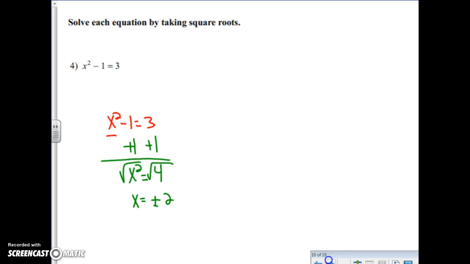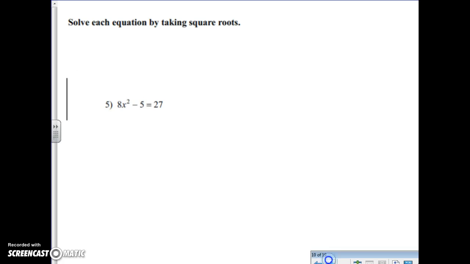Remember, the goal is that I want to get whatever's being squared by itself. So when I look at number 5, I want to get x squared by itself. I have to get rid of the 5 first, so I'm going to add 5 to both sides.